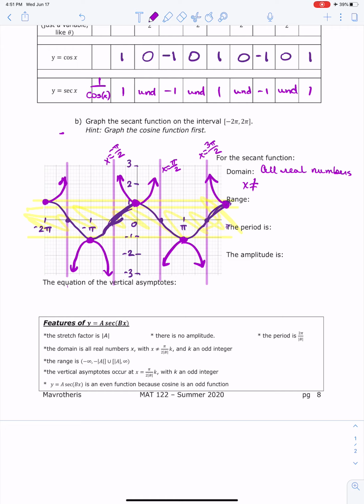The even pi over 2's are left out because 2 pi over 2 would be pi, and that's not one of our asymptotes. And so we've got to be kind of specific here. Our asymptotes are at pi over 2 times k. This time k has to be an odd integer.